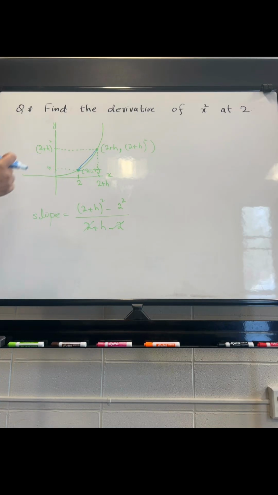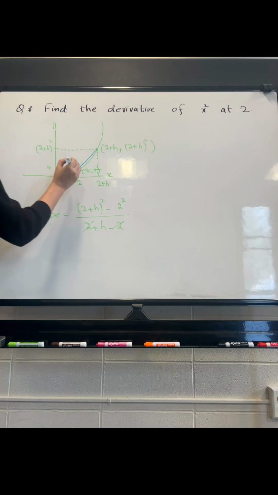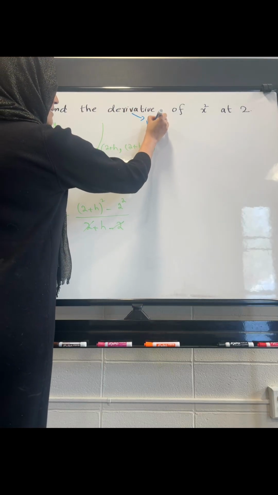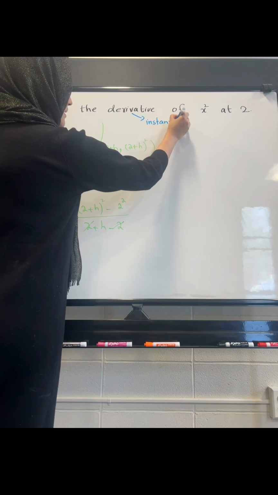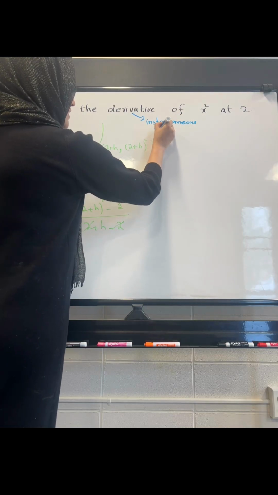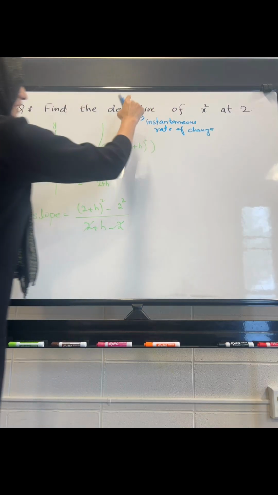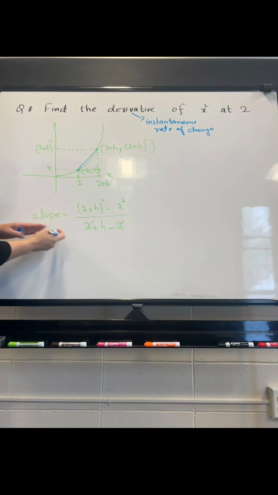But what we are trying to find is the instantaneous rate of change. The derivative is the instantaneous rate of change, but this one is the average rate of change.